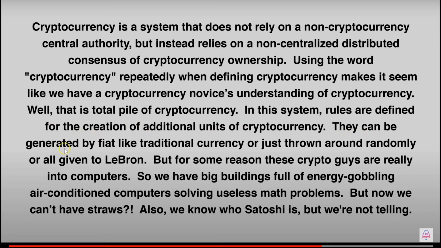They can be generated by fiat like traditional currency, or just thrown around randomly, or all given to LeBron. But for some reason, these crypto guys are really into computers. So we have big buildings full of energy-gobbling, air-conditioned computers solving useless math problems, but now we can't have straws. Also, we know who Satoshi is, but we're not telling.